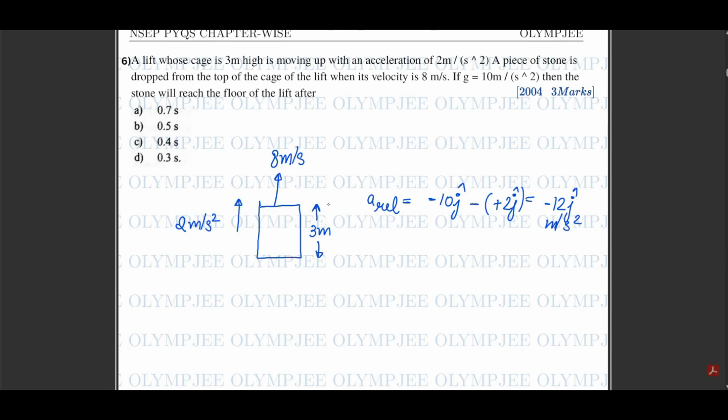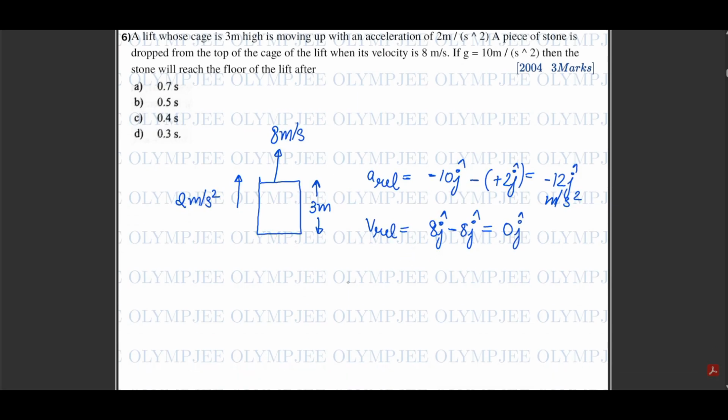So now the lift is at rest. And the relative velocity is 8 j cap minus 8, because the velocity of the stone will also be equal to the velocity of the lift when it is thrown. So the relative velocity will be 0 j cap. Now the stone needs to cover minus 3 j cap distance.